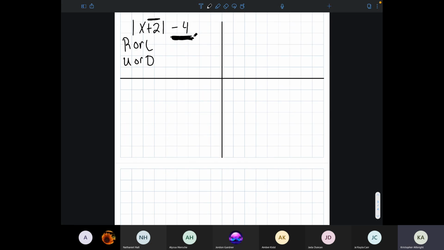So here we go how we expect. So we're going down 4. And here we go the opposite way of what we expect. So instead of going to the right, we're going to the left 2. So I'm going to go left 2, down 4.